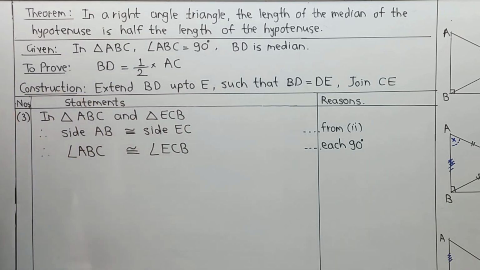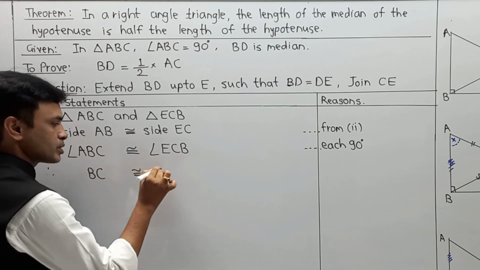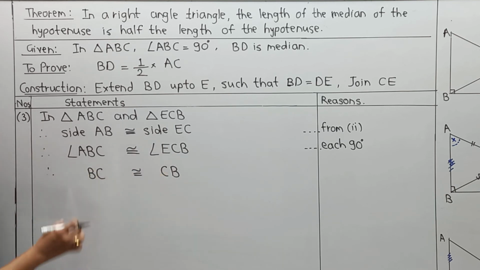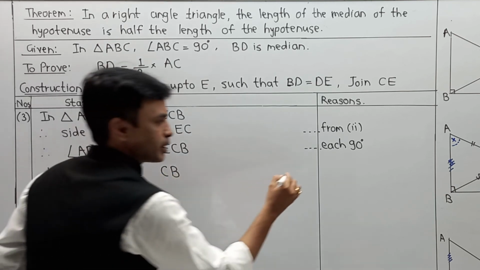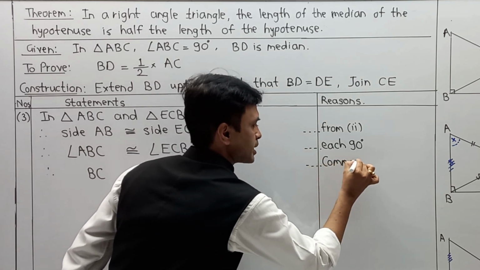Third part, BC is congruent to CB. You can also write side, that depends upon you. BC is congruent to CB. You can say common side or same side. So common side.